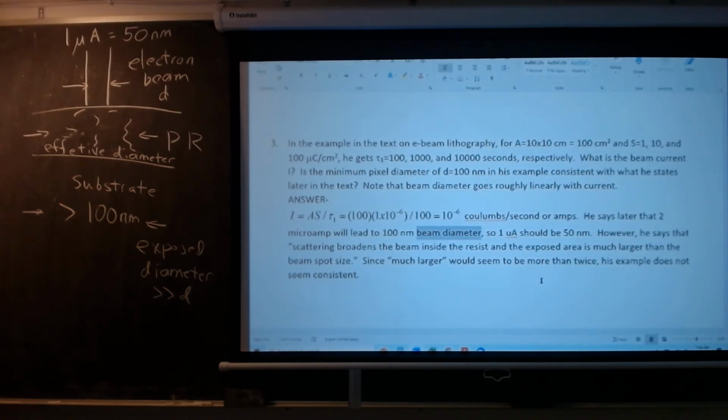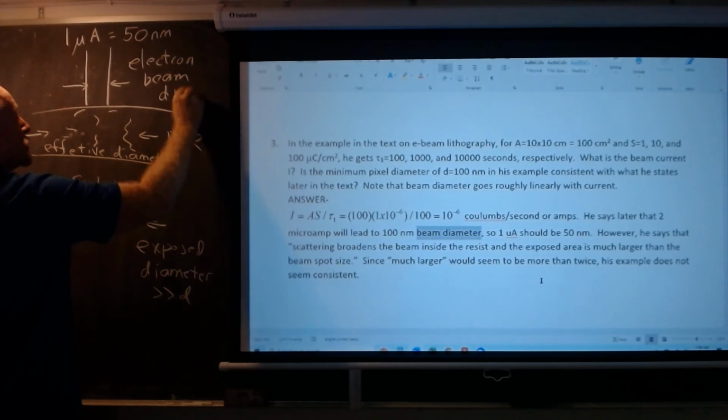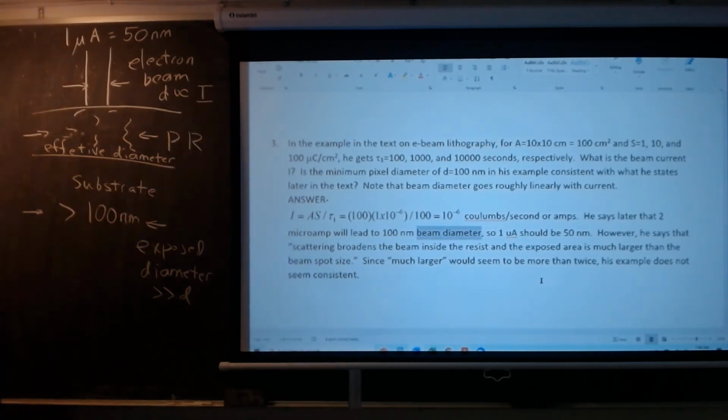Okay, so let's jump ahead to the review about e-beam lithography while we're on this. The things I want you to remember are that there are 2 things, and we haven't really labeled them. There is D, the beam diameter, and that is proportional to I, the current.